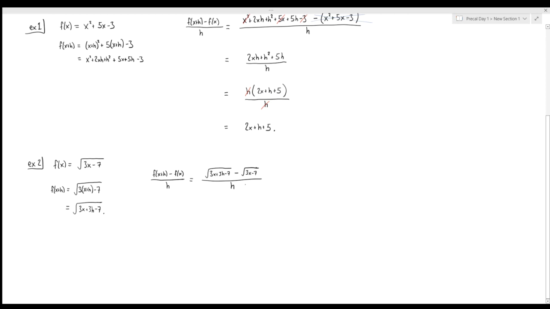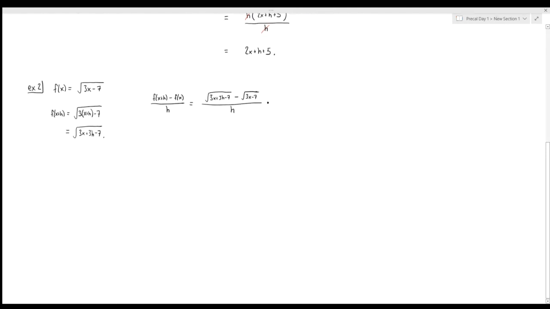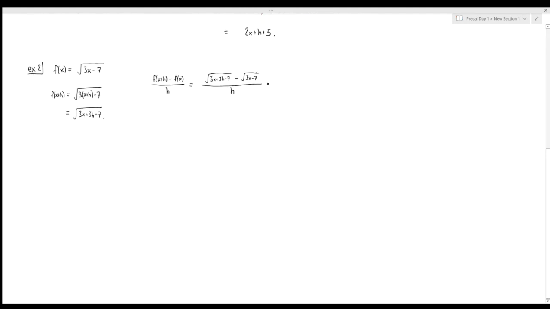So in order to cancel out the h in the denominator, there's sort of a trick that we use. The trick is we're going to multiply the numerator and the denominator by, in this case, the conjugate of the numerator. So as a brief aside, what do I mean by the conjugate?